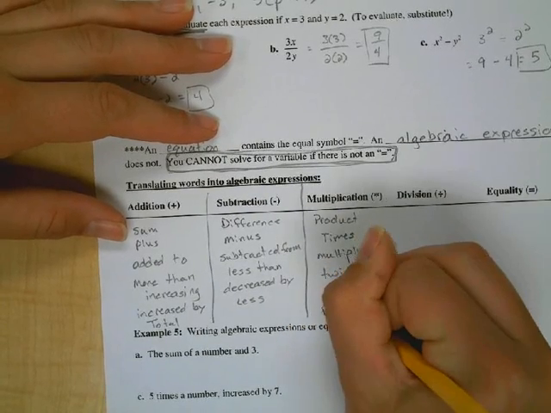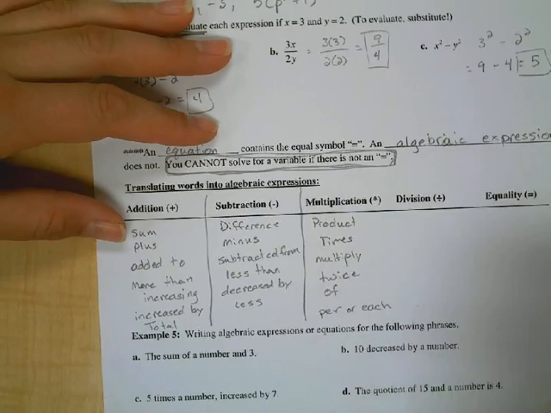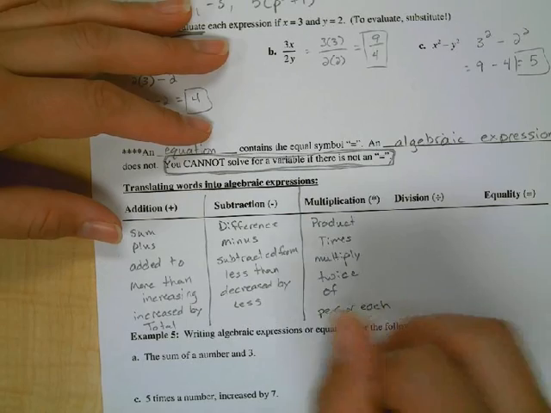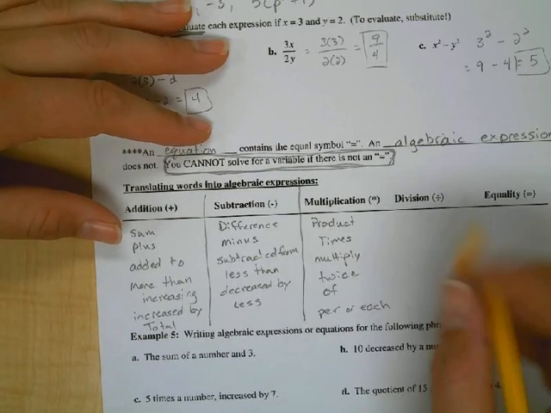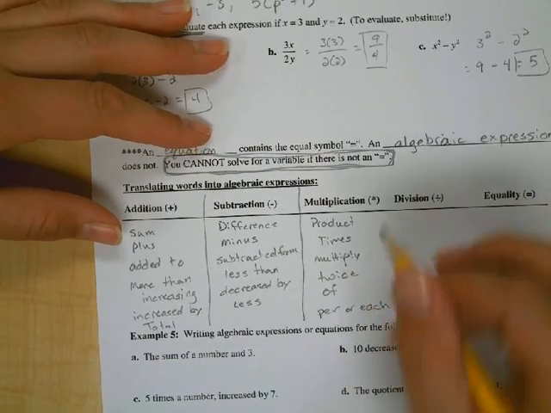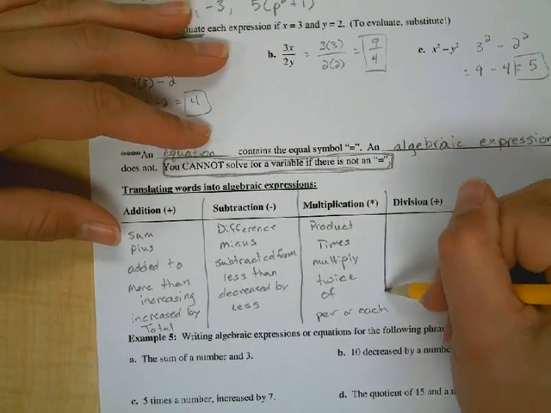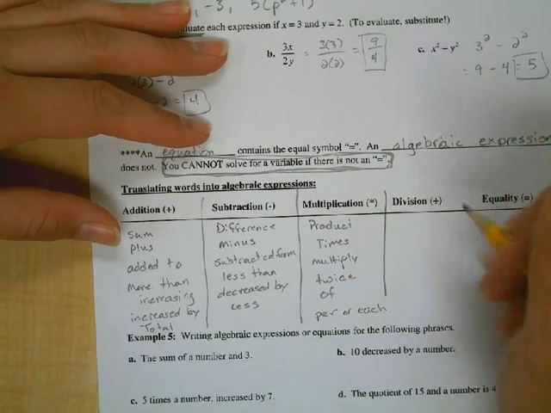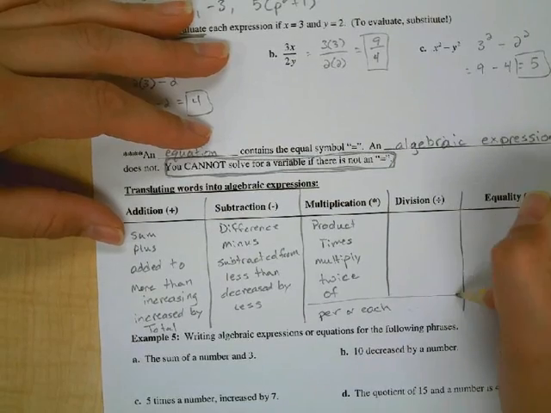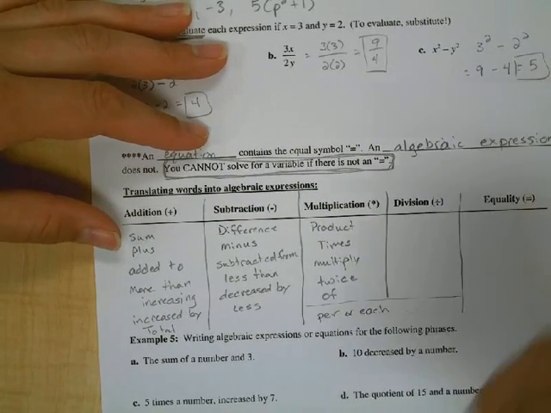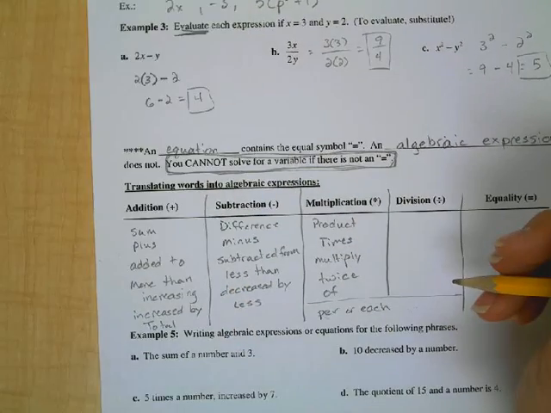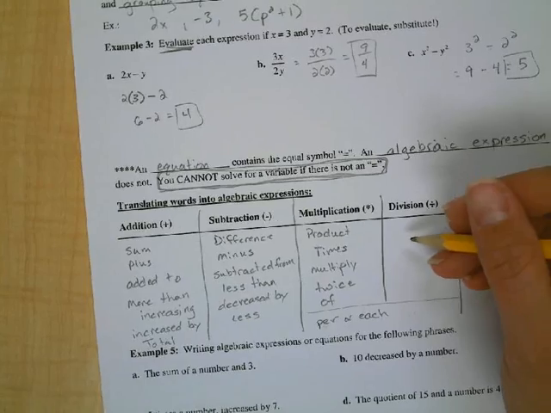Per or each a lot of times tell us multiplication as well. Sometimes those can fit into division too, it just depends on the way it's worded. Miles per hour means miles divided by hours, but a lot of times it's telling us that we need to multiply, depending on what we're looking for. So keep that in mind.